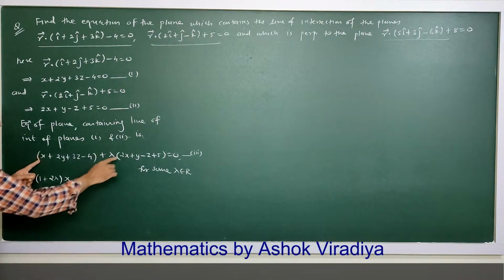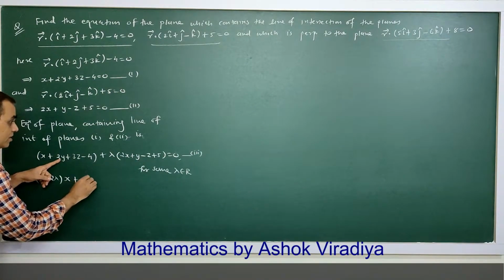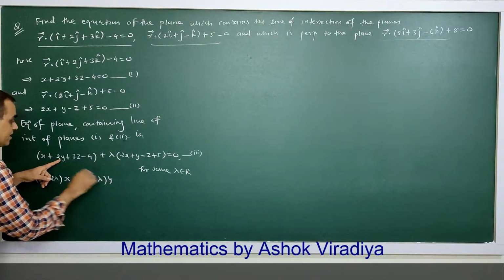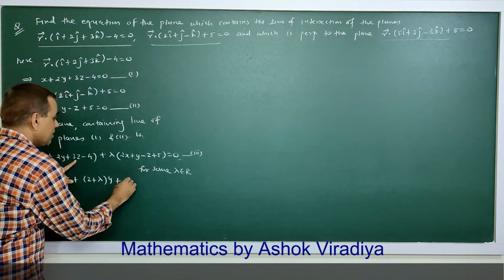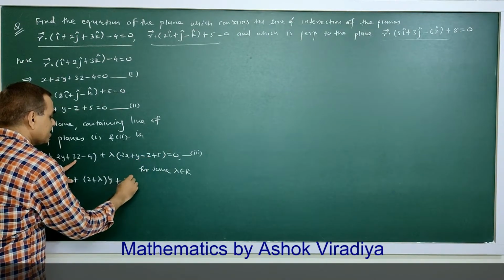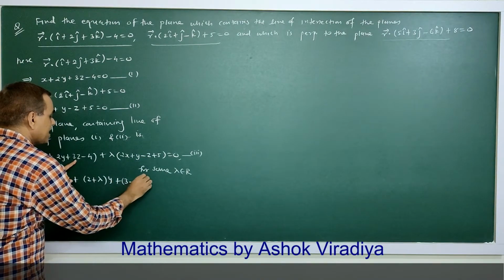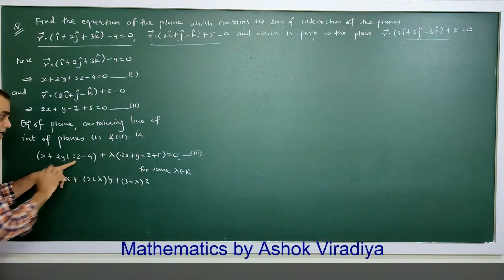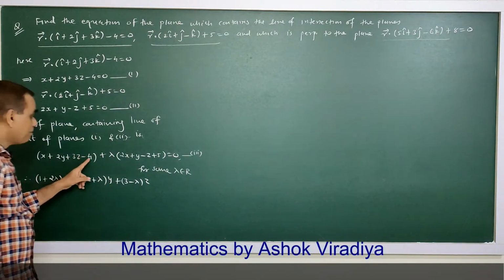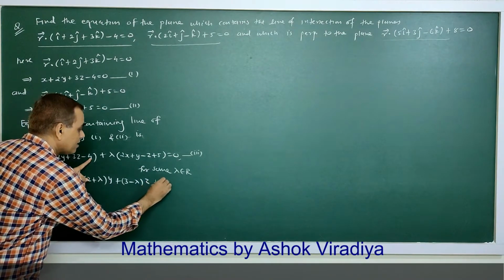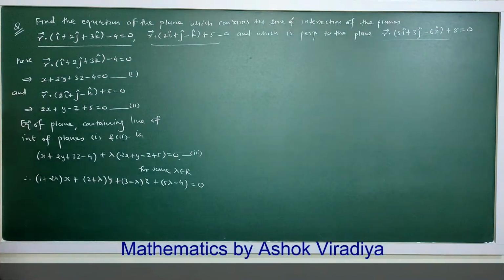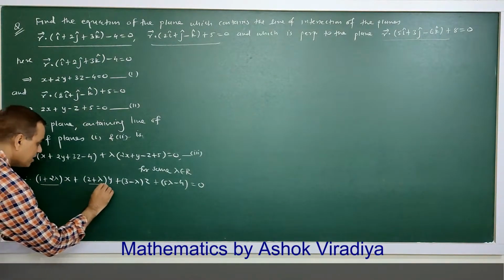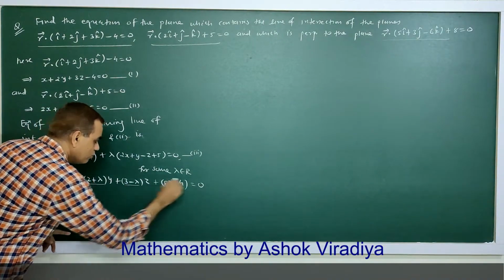So 1 plus 2 lambda times x, plus 2 plus lambda times y, this is 2y, this is lambda y, plus 3 minus lambda times z, 3z minus lambda z, then minus 4 plus 5 lambda, equal to 0. And now you can see that this is ax plus by plus cz plus d equal to 0.